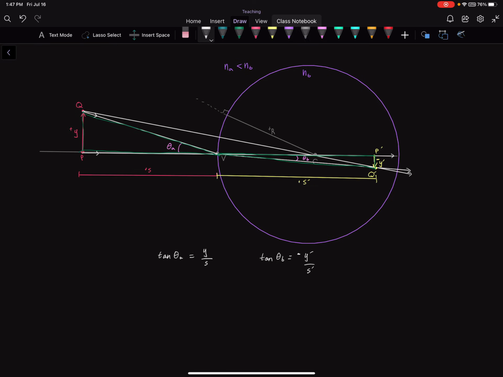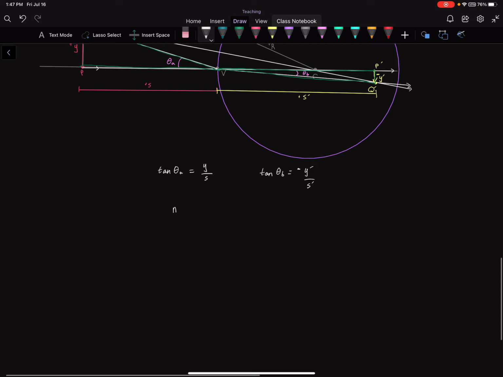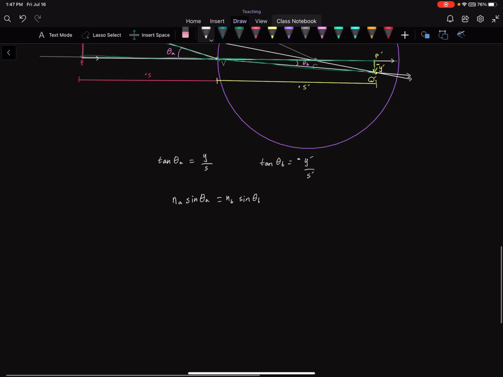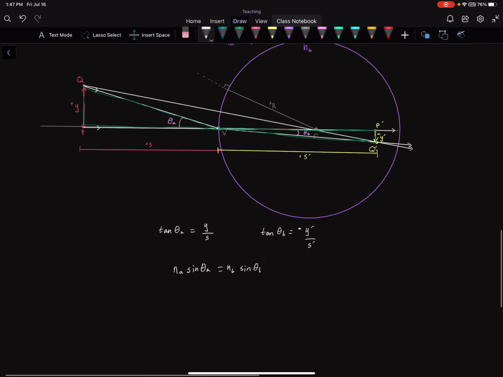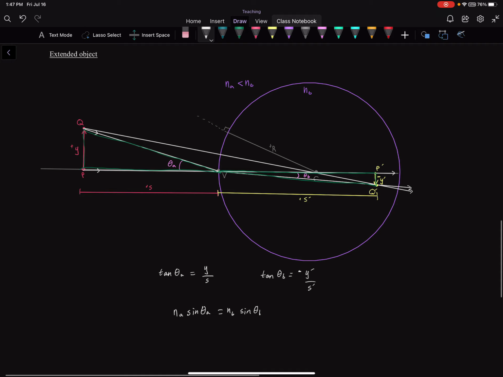All right, and then, as always, we have our law of refraction. So NA times sine theta A is equal to NB sine theta B. All right, so small angles. We're going to assume small angles again. What does that mean physically in this consideration? What it means is that the height of this arrow, this object, isn't very tall in relation to how big the radius of curvature is.